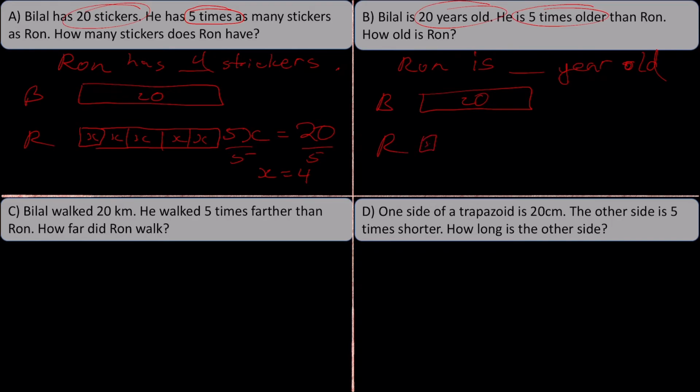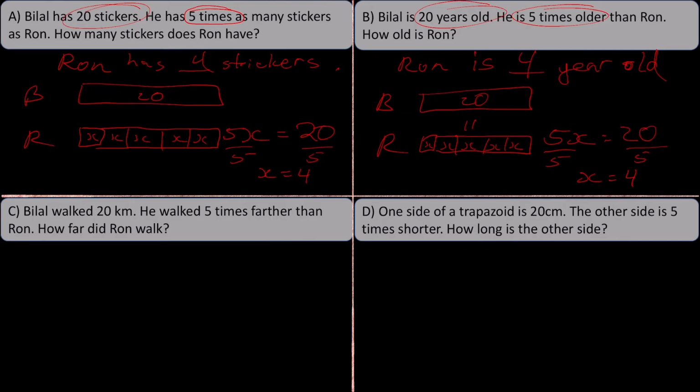Now in order to make them the same, I'd have to have those 5 squares added on to make them the same. So that would be 5x is equal to 20. So in order to have both sides equal to each other, I would divide now by 5. And this is x is equal to 4.